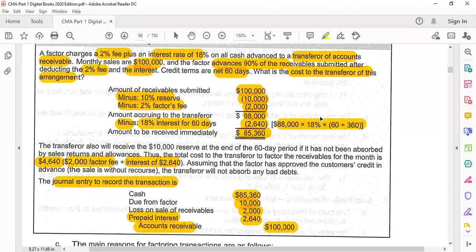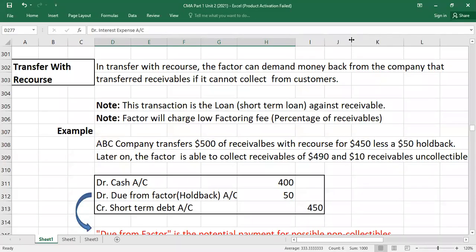Now we are going to move to the second arrangement. So let me take you to the Excel sheet. Here, guys, we have the second arrangement, which is transfer with recourse. The previous one was without recourse. In with recourse, you should remember that when we hand over the invoices to the factor, it is as collateral, as security.